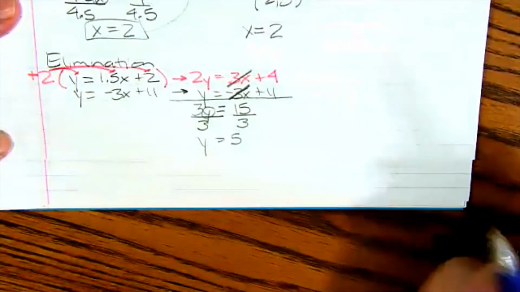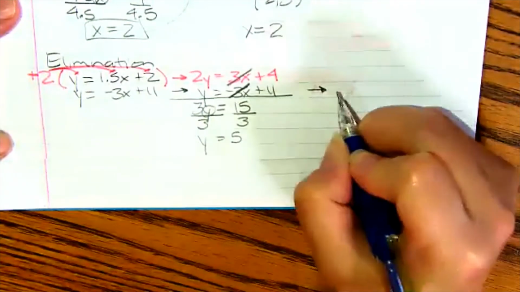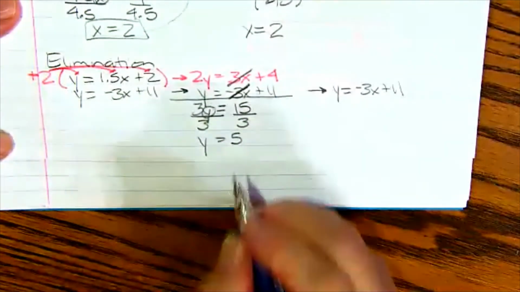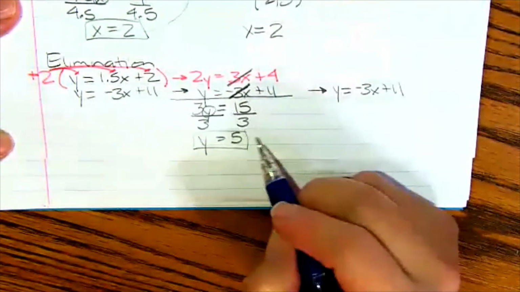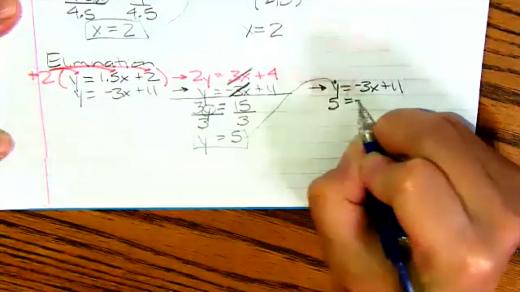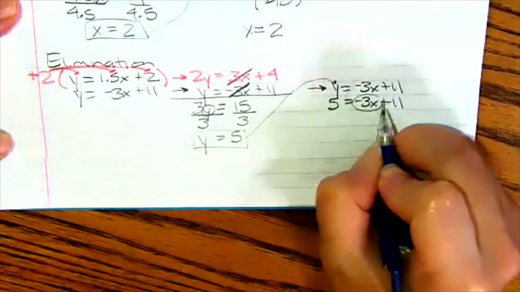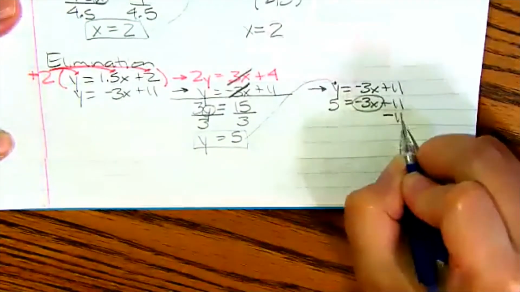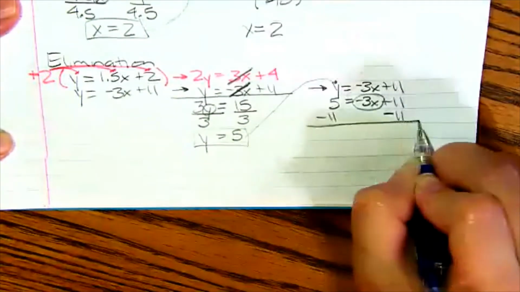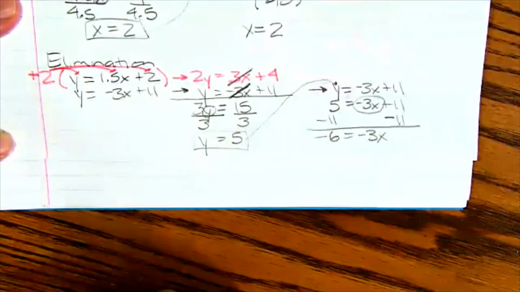So now I'm going to come back up here to my original equations, and I'm going to substitute 5 in. And once again, I think this is going to be the easiest equation to work with because there aren't any decimals. So we're going to take this and substitute it for y. 5 equals negative 3x plus 11. Okay, I want to isolate my variable, so I'm going to get rid of that positive 11. What I do to one side, I must do to the other. So I've got negative 6 equals negative 3x.